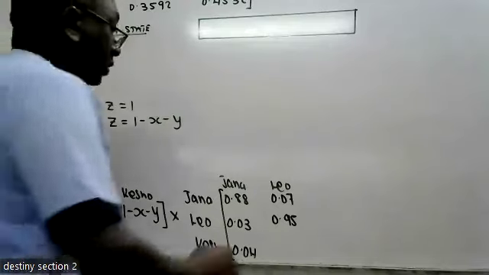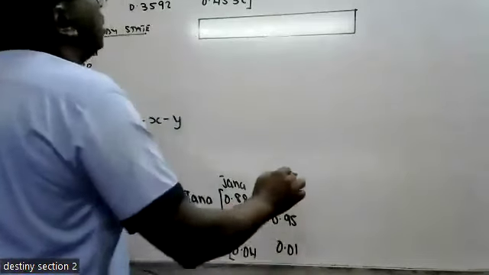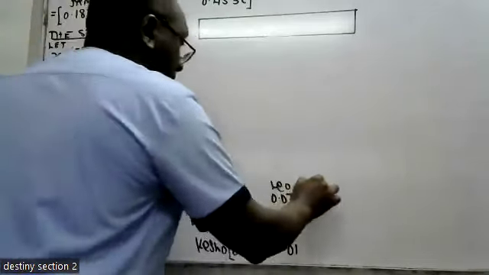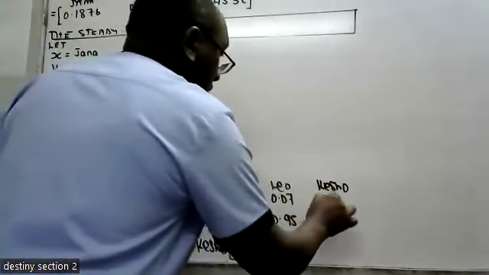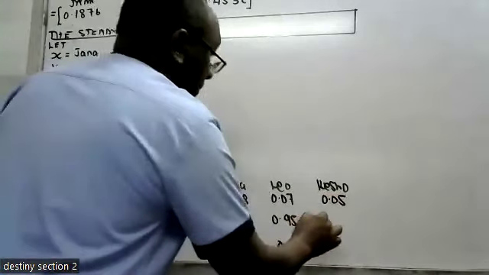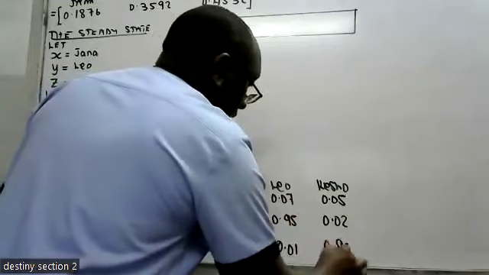Okay, so I was saying this is 0.01. Then we have Kesho, which is 0.05, 0.02, 0.95.